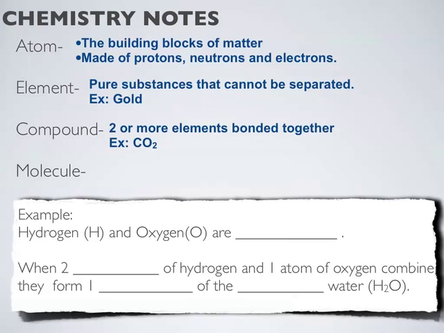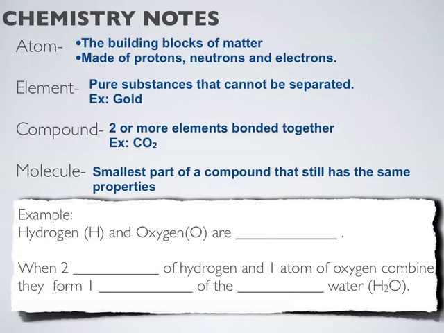For example, carbon dioxide, CO2, is a compound. It's made of carbon atoms and oxygen atoms, two elements bonded together. And then the smallest part of a compound is called a molecule.